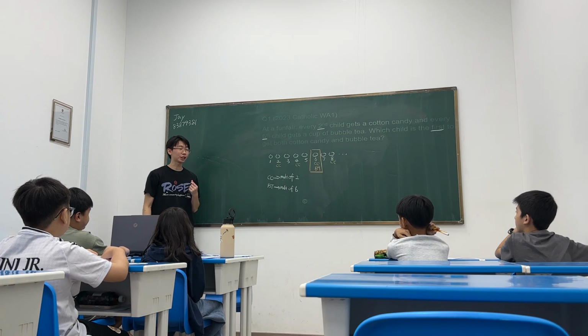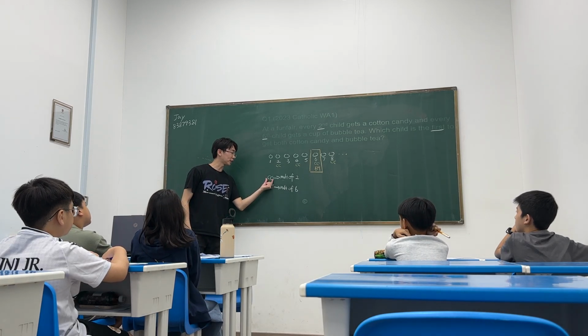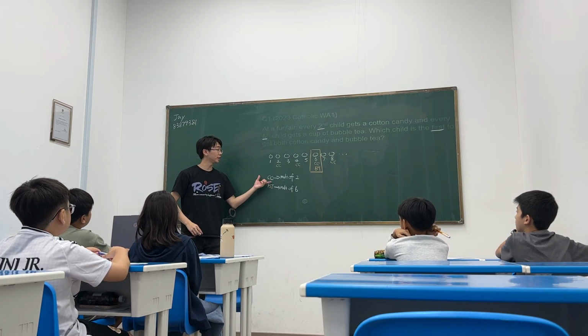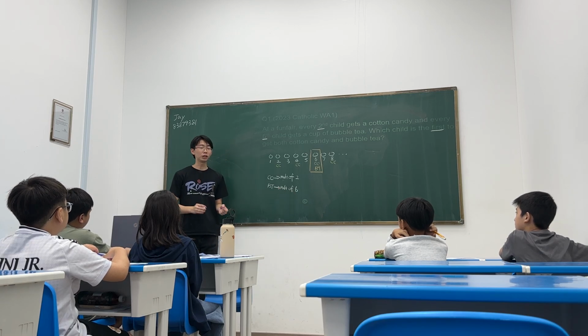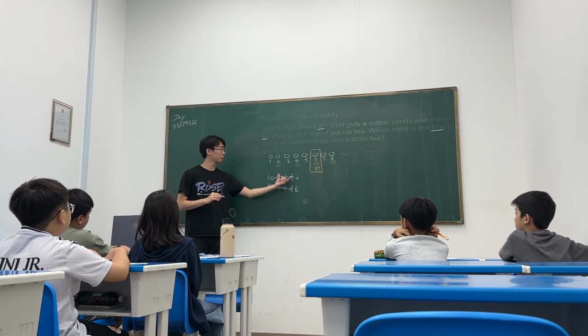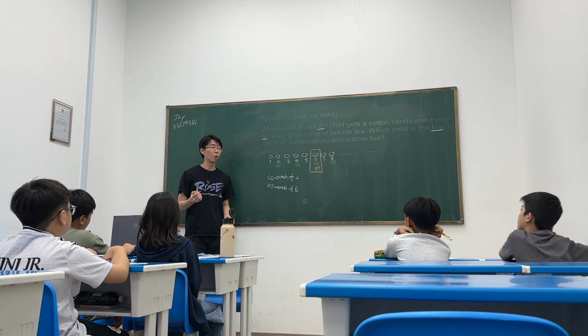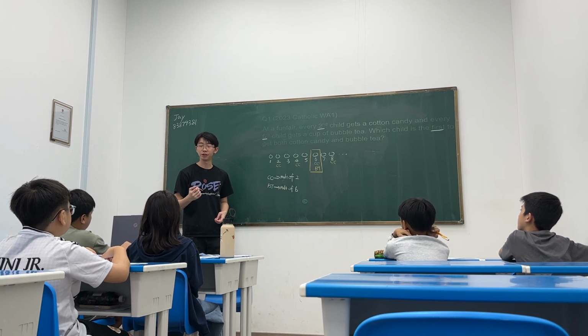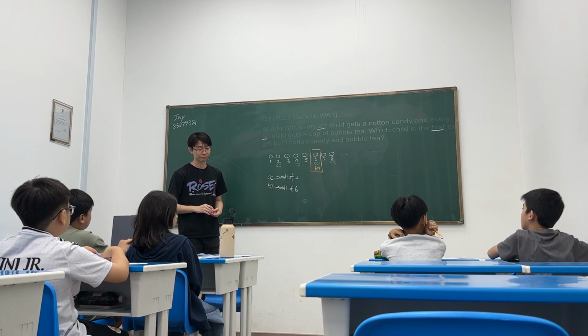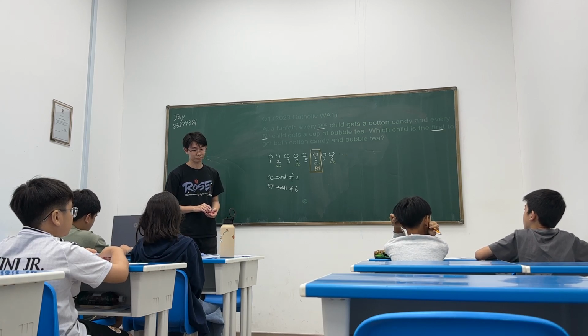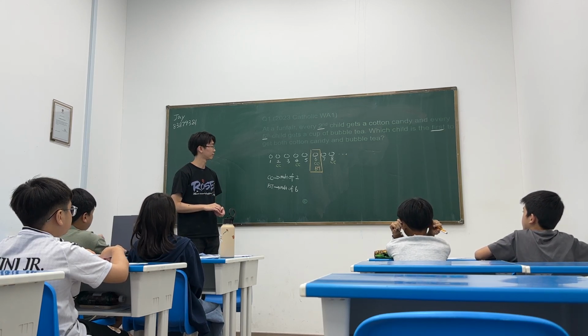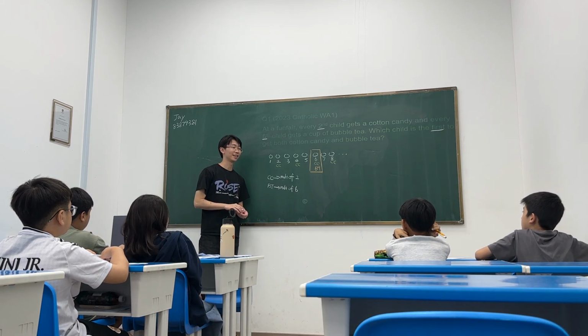So if a child gets both the cotton candy and the bubble tea, the position should satisfy these 2 conditions. So the position should be both a multiple of 2 and a multiple of 6. So that means there should be a word for 2 and 6. Jaden? Common factors?